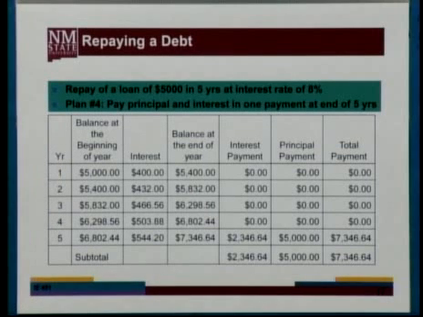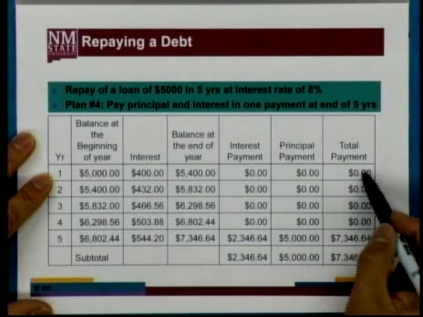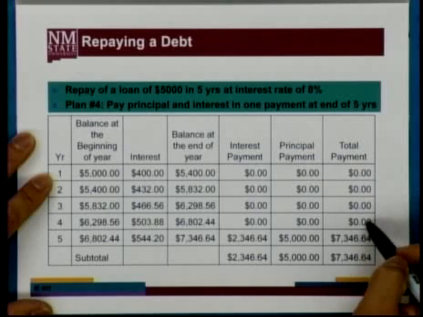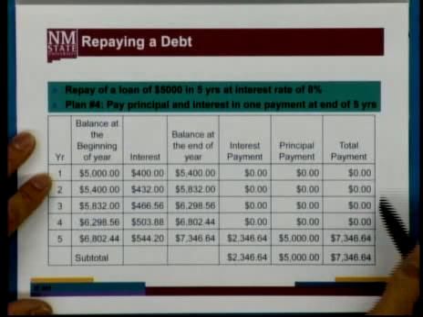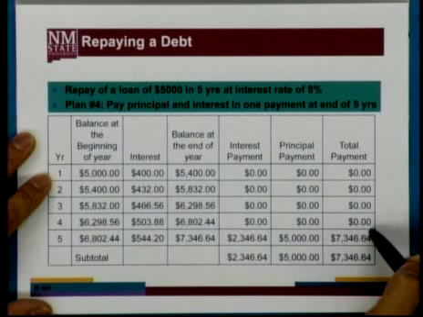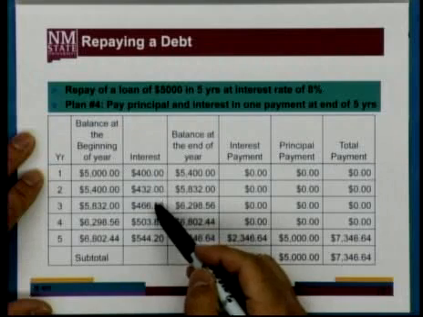So here's the last plan. In the last plan, you pay principal and interest in one payment at the end of the 5th year. That is, no payment is made until the end of year 5. Because no payment is made until then, each year the interest due is added to the debt.